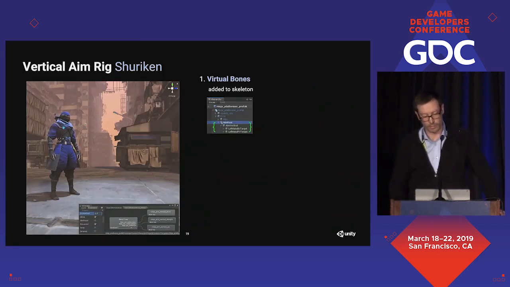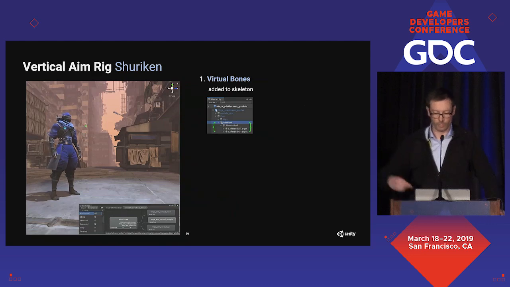Here's how I implemented the shuriken. The ninja needs to be able to throw shuriken throwing knives in any vertical direction, 360 degrees. To set this up, first I used some new virtual bones. Virtual bones are just new game object transforms that can be saved with the prefab and animated just like other bones.